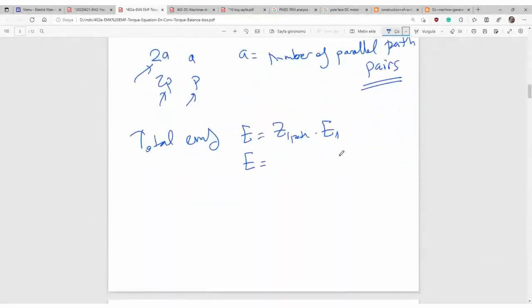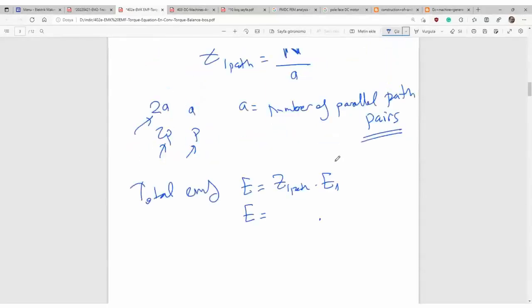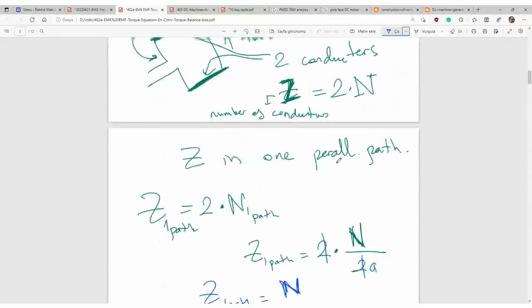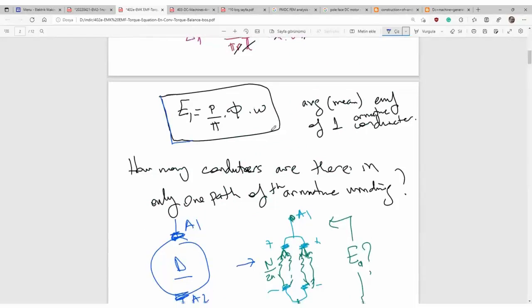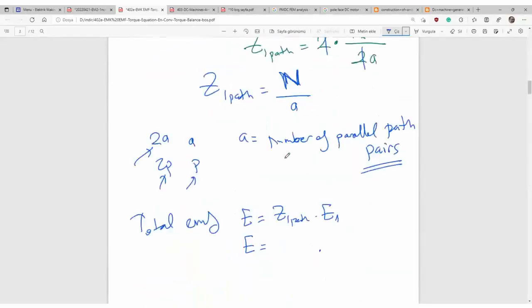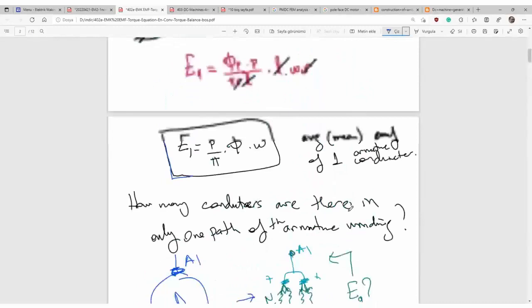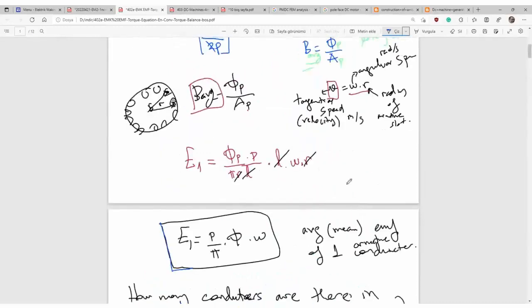Let me write down here. Okay, I will summarize what I have done. P over pi, phi, W. Now, it looks like a mistake, but phi is equal to pole flux.